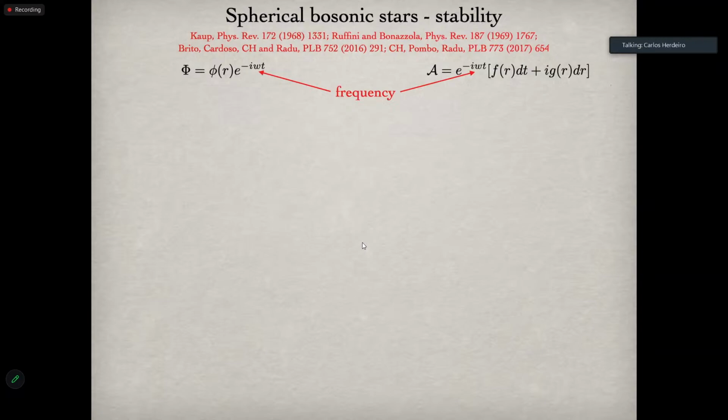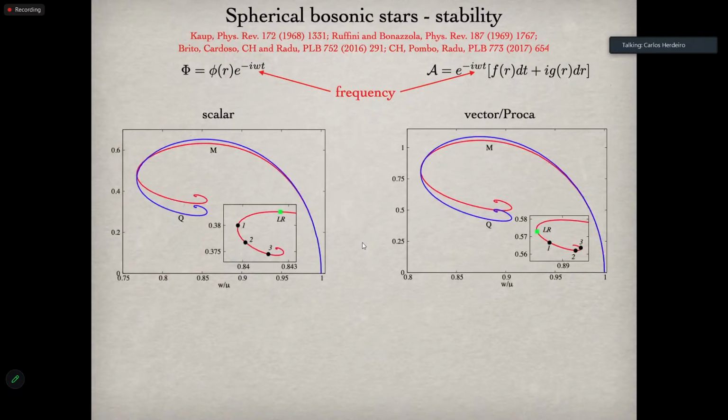And this frequency determines the mass of the solution. So you can see in these two plots for the scalar on the left and for the vector on the right, the ADM mass of the solutions in units of mu, the scalar field mass, versus the frequency of this harmonic time dependence.